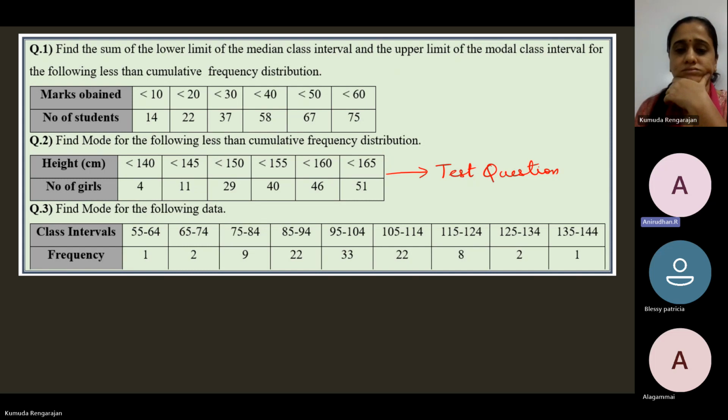Upper limits, ma'am. Okay, read your frequencies. Ma'am, I wrote the number of girls as a frequency. Whatever is there, you have written the same? Yes, ma'am. Wrong. You're wrong. Got the answer? Very good.